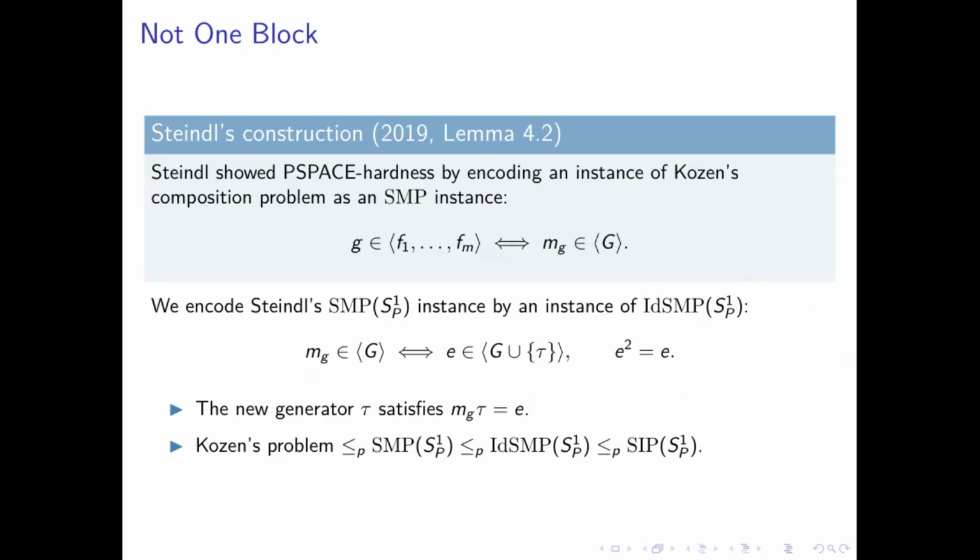And now we know that idempotent target reduces to SIP. We have shown that SIP of combinatorial Rees matrix semigroup with 1 is PSPACE-hard, and in general it's in PSPACE, so it's PSPACE-complete.